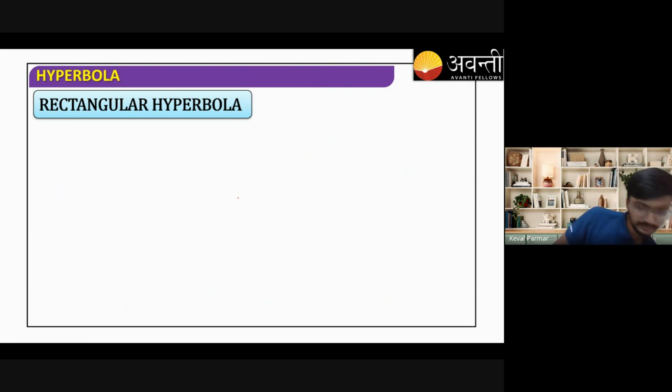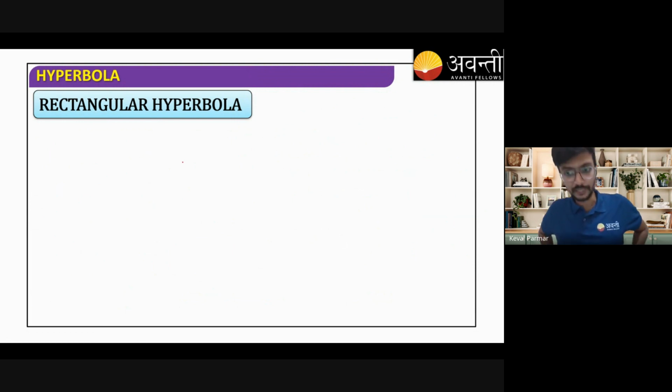So, when the asymptotes are the coordinate axes, then the hyperbola becomes the rectangular hyperbola. So let's see how the rectangular hyperbola will look. First, let's try to draw and then we'll see.